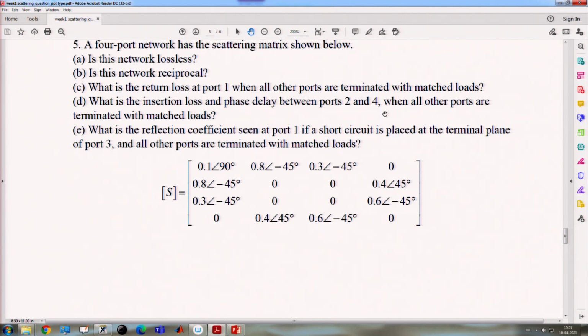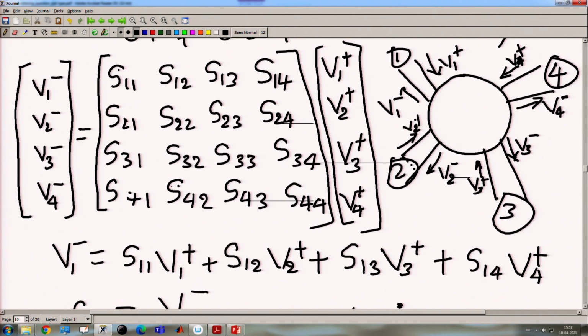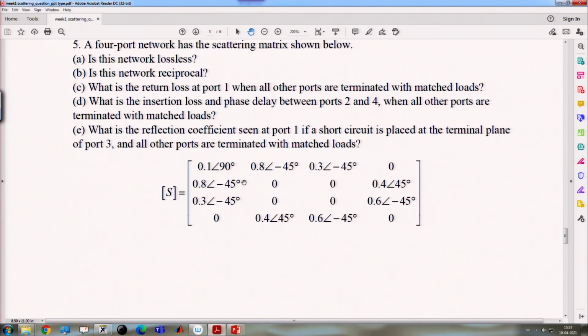So, we have to find out S42. S42 means, we can compare with our matrix. S42 is this part, between port 2 and 4.